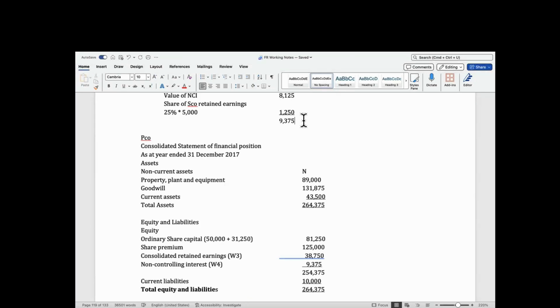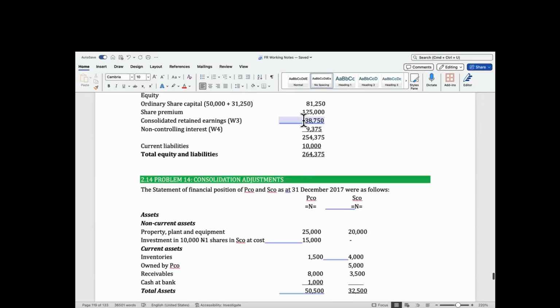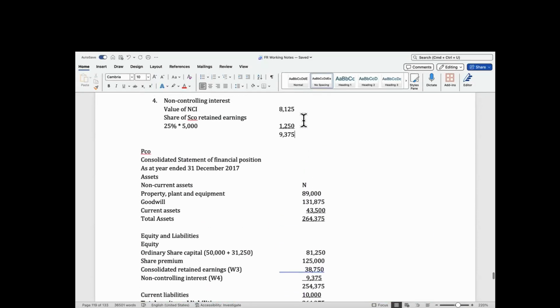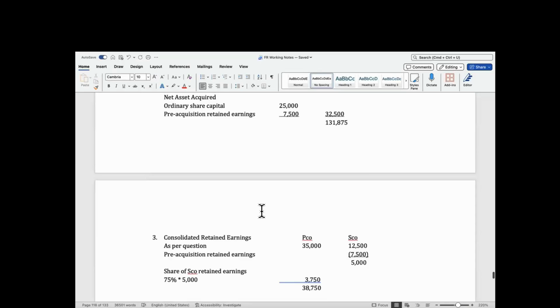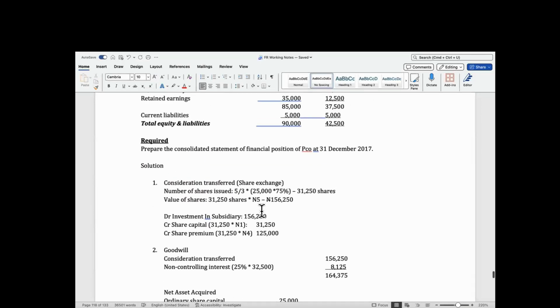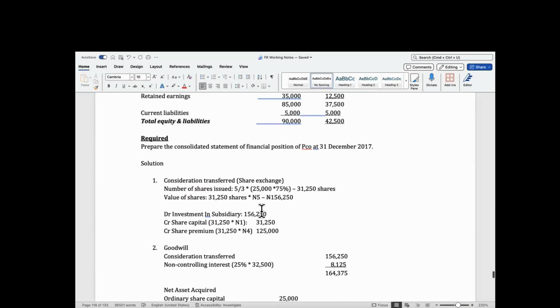Yeah, please, just to quickly grab it again, can you help with a recap of how you treated the shares again, please? Yes. So for the share exchange, I'm giving the subsidiary 5 shares for every 3 shares acquired in the subsidiary.